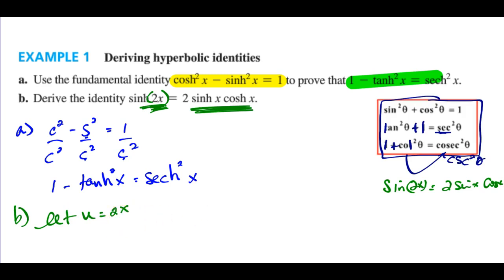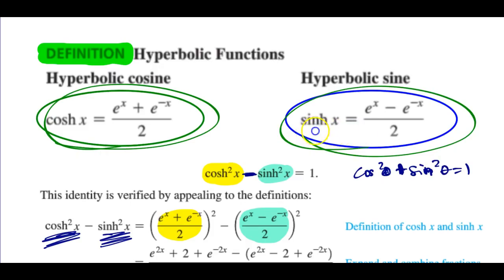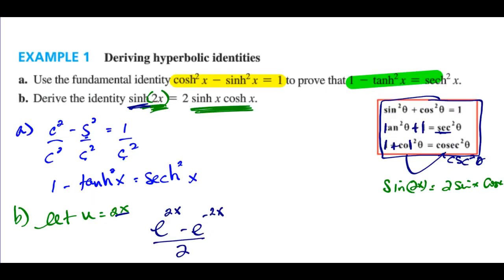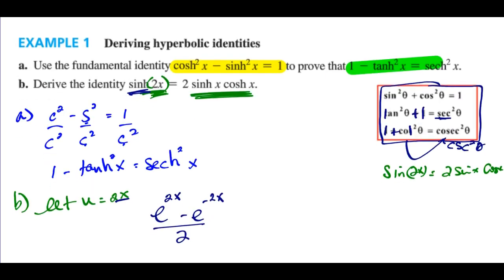If we let u be 2x, then I'll have e to the 2x minus e to the negative 2x, all over 2, for my hyperbolic sine, because hyperbolic sine is e to the x minus e to the negative x over 2, but I'm doing a u sub. Every time you see an x, you can see I'm substituting, letting it be a 2x.